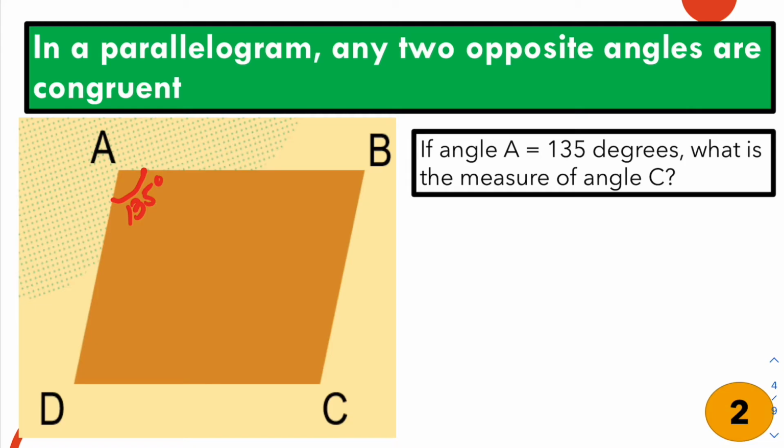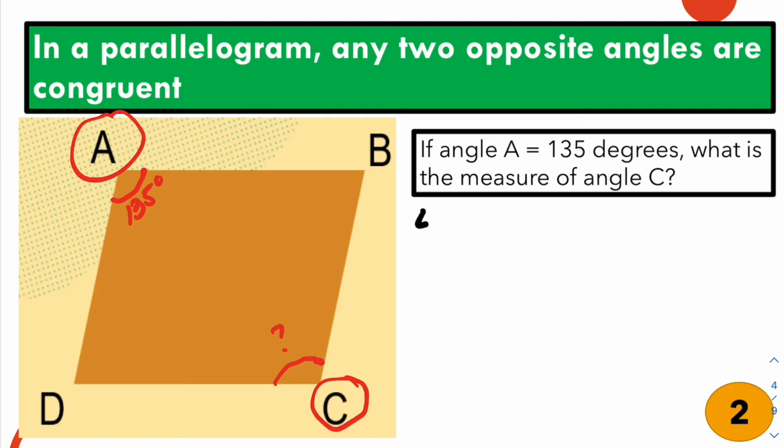And the unknown angle na pinapahanap sa atin is angle C. Now, what do you think is the relationship of angle C and angle A? Okay, angle A and angle C are opposite angles. According to properties, opposite angles of parallelogram are congruent.